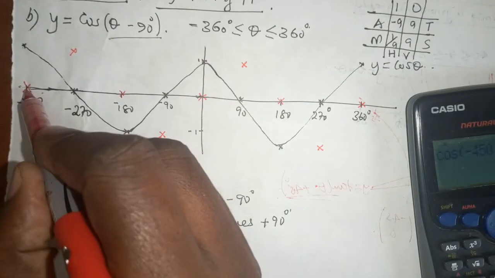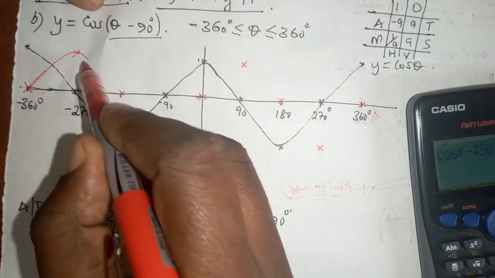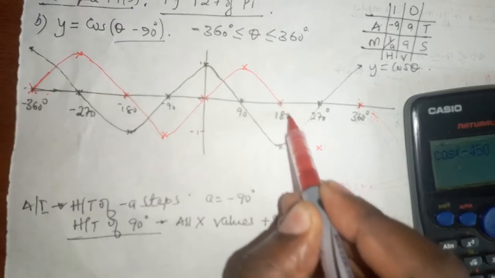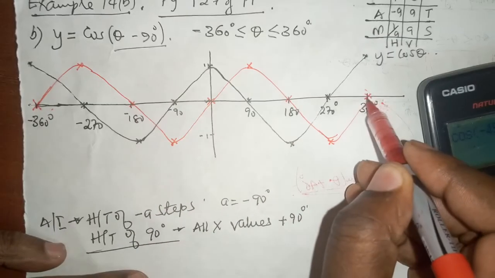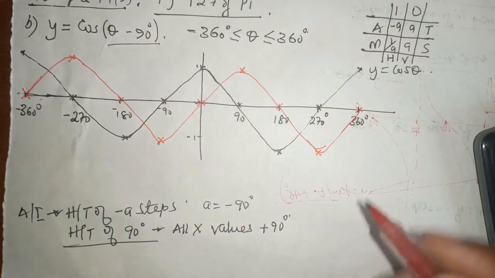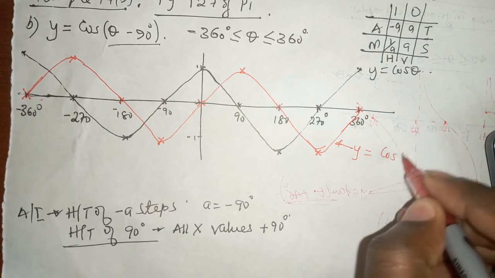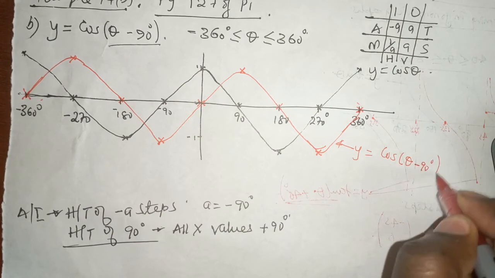So our new graph looks like that. You can see it's just the wave. The red graph is y equals the cosine of theta minus 90 degrees.